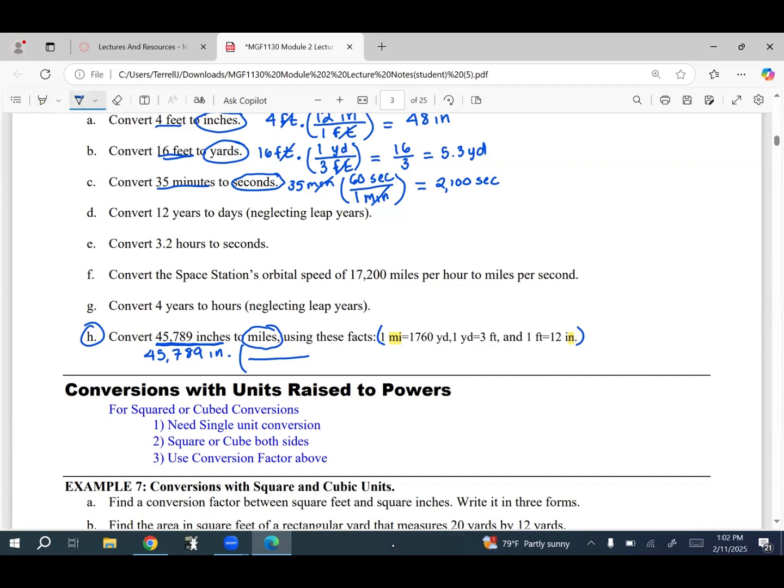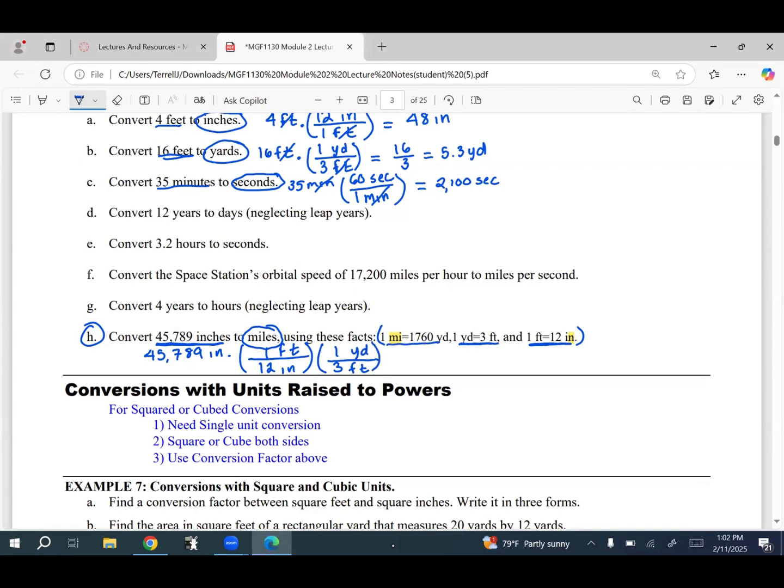So we start with inches, and then I'm going to use this first conversion that I just underlined. I'm putting inches on the bottom and 1 foot on the top. And then I'm going to multiply to that, and I'm going to use this conversion now: 3 feet on the bottom and 1 yard on the top.